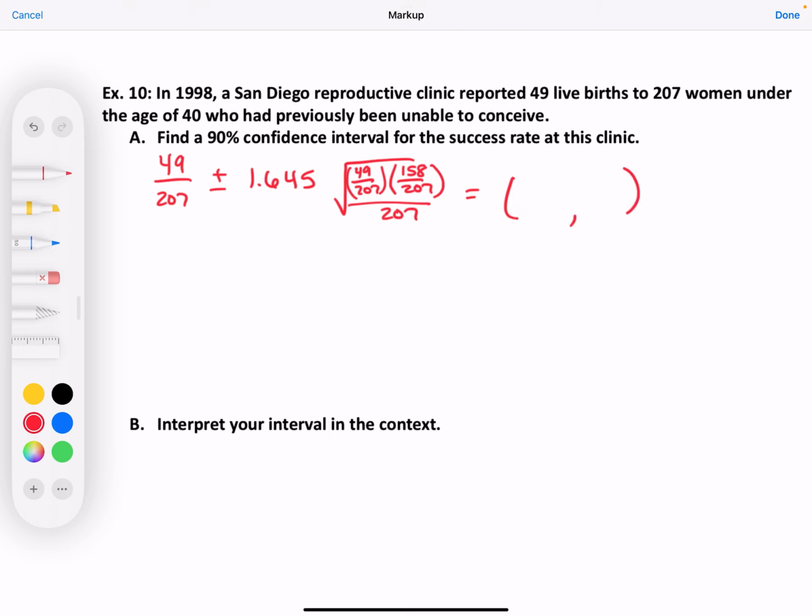But the calculator can do it for you, so you're going to use the 1-prop z interval of 49, 207, and 0.9, and then get your interval that way. I guess we should have noted that the conditions are met.